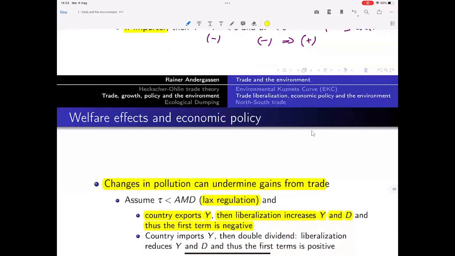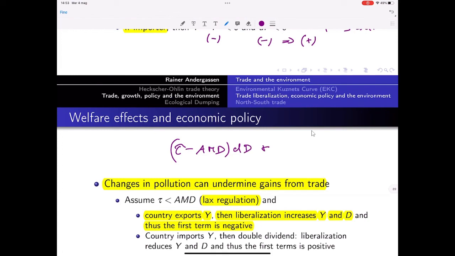Remember, this is tau minus aggregate marginal damage times the D, and then here you had y minus yc dp. This is my dv over vi.